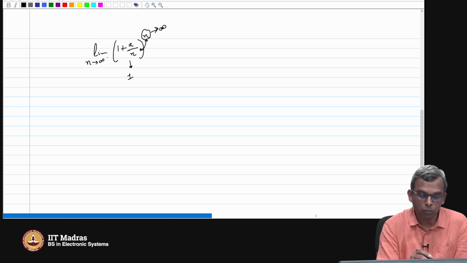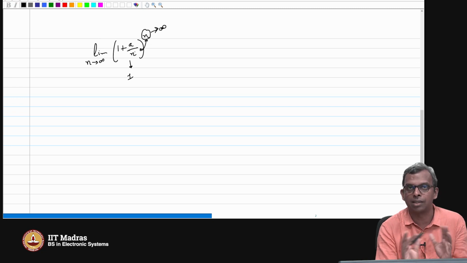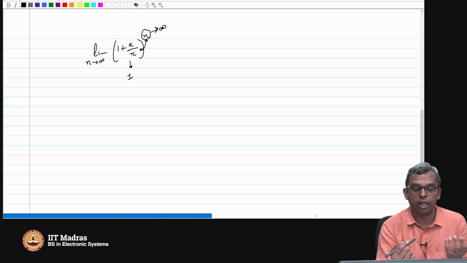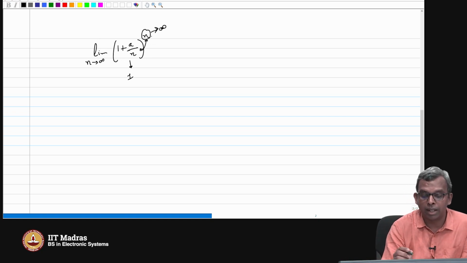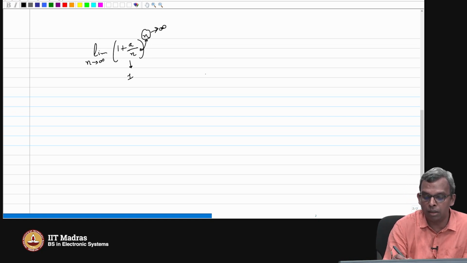So limits and continuous functions can be interchanged very easily, right? So we know e power x is continuous, log x is continuous. So instead of considering this limit, the first thing to do is to make this substitution, let's say m equals 1 by n.